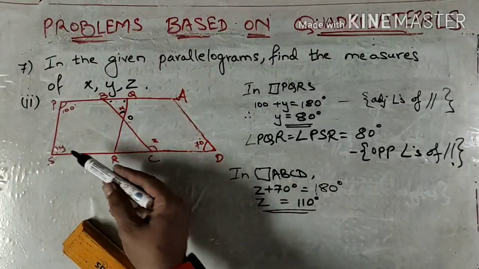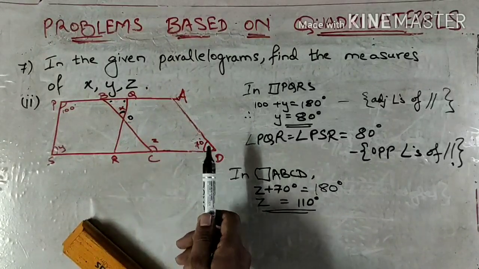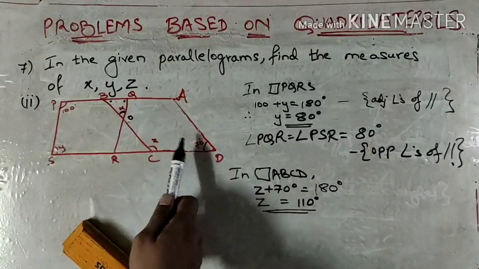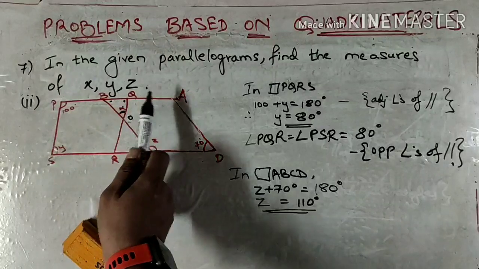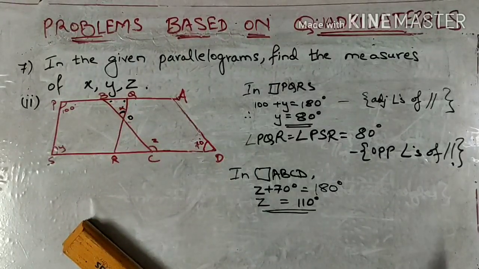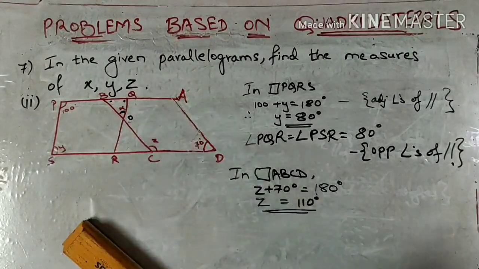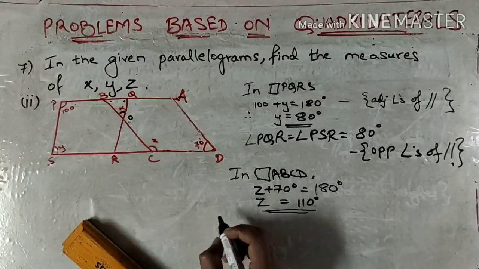I already got angle PQR. Now from this I will get the opposite angle, angle ABC, as 70 degrees. Hence I'll get both these angles and all three sum up to 180 degrees. So that is my way to the solution.